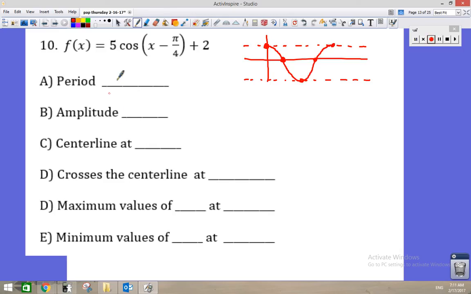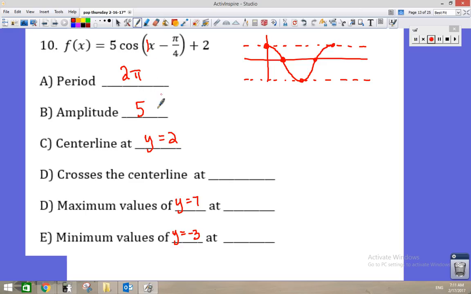All right, so the period, the coefficient in front of x is 1, so the period is 2 pi. The amplitude is 5. The center line is the vertical shift, y equals 2. The maximum values, you're 5 units above your center line for a max of 7, and 5 units below the center line, 2 minus 5, at a minimum of -3.